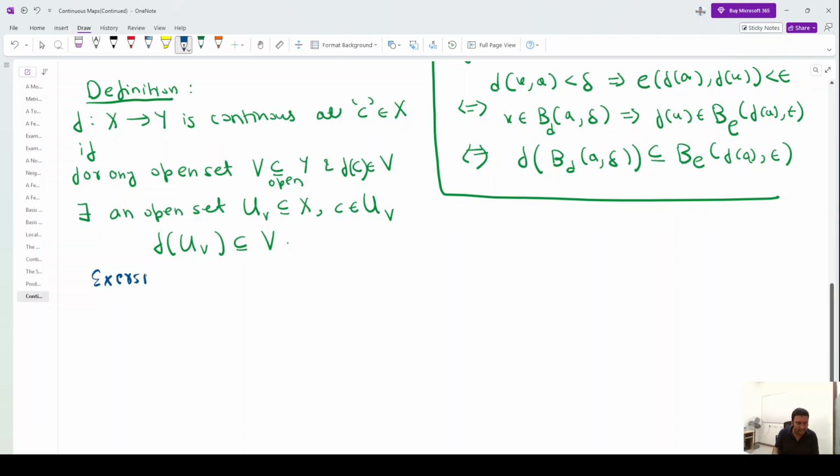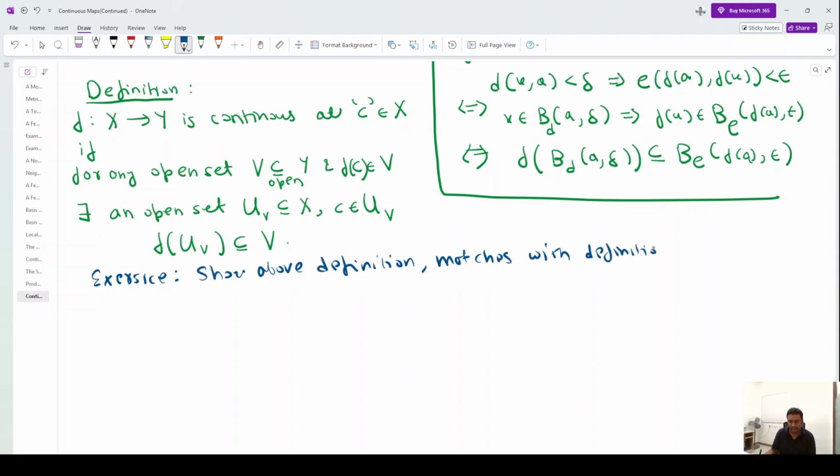Exercise: show the above definition matches with the definition of continuity at a point in metric spaces.